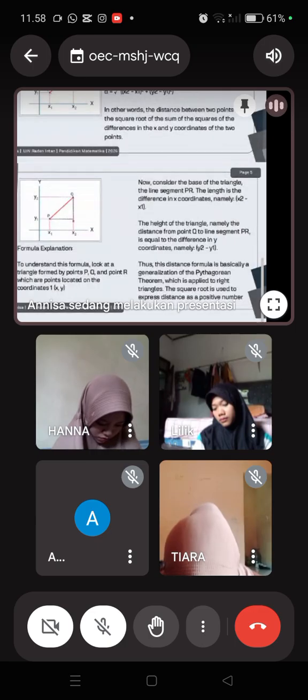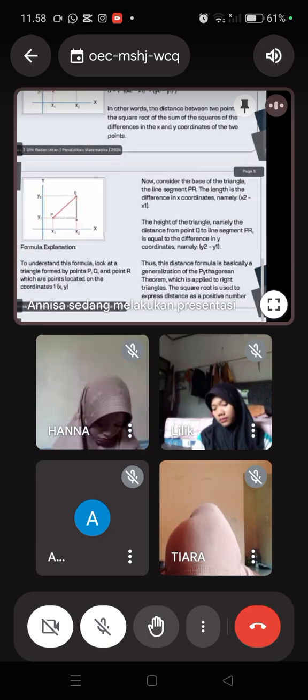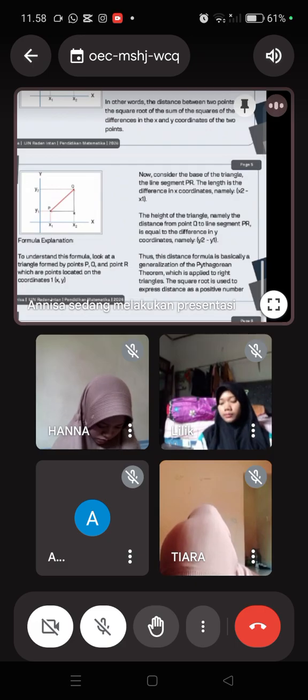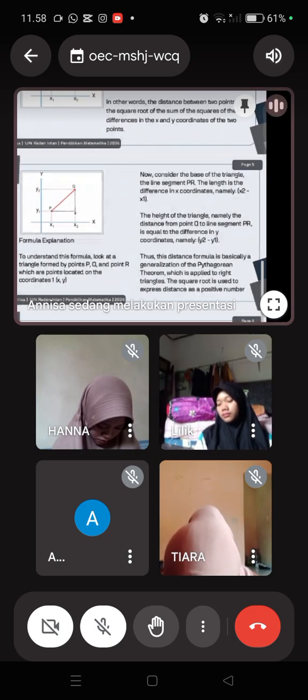Now we go into the explanation of the formula. To understand this formula, look at a triangle formed by P, Q, and point R, which are points located on the coordinates x, y. Now consider the base of the triangle, the line segment PR. The length is the difference in the coordinates, x2 minus x1.